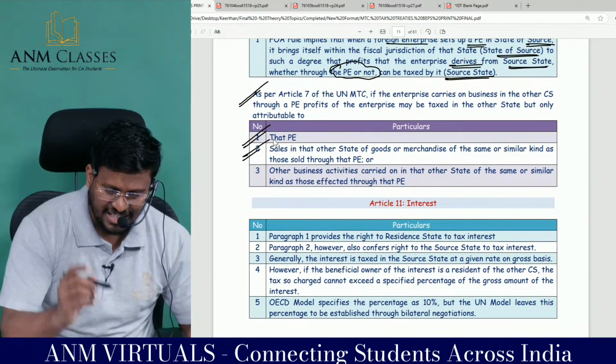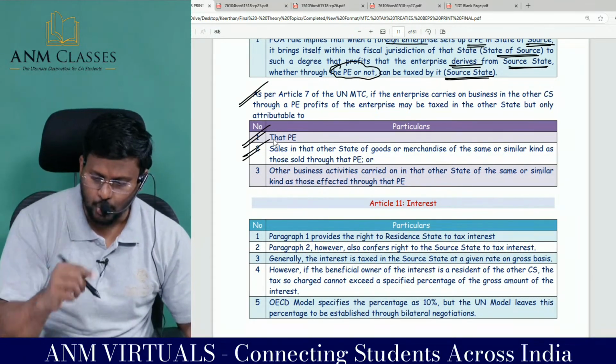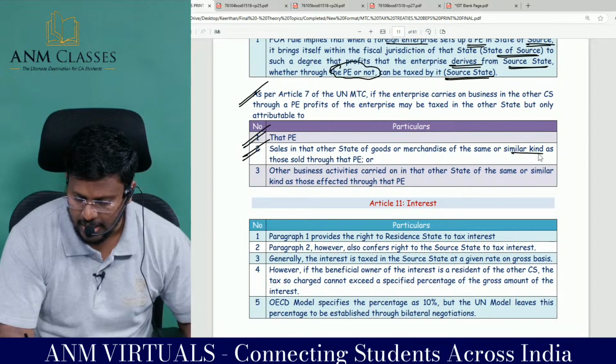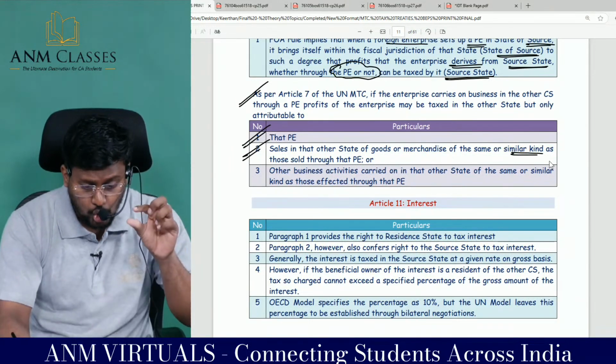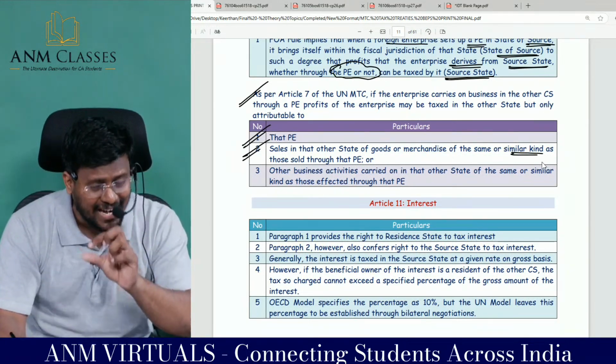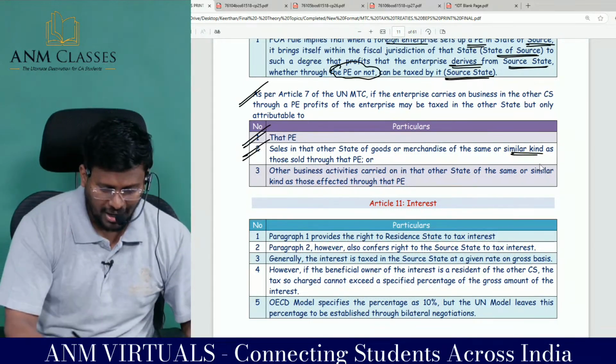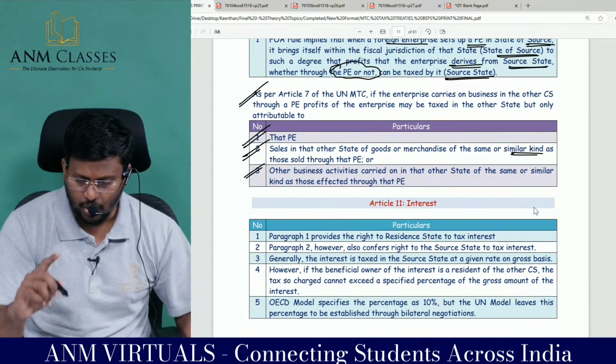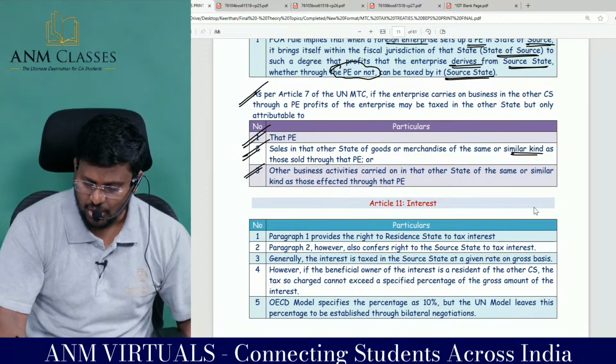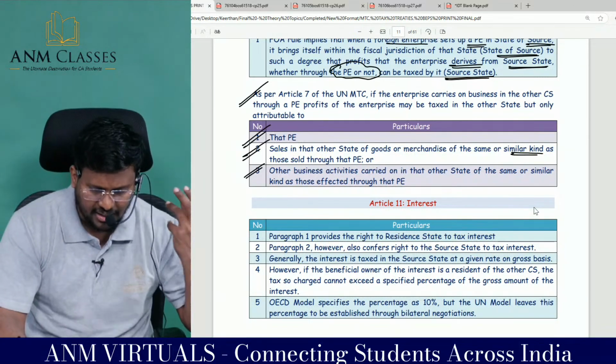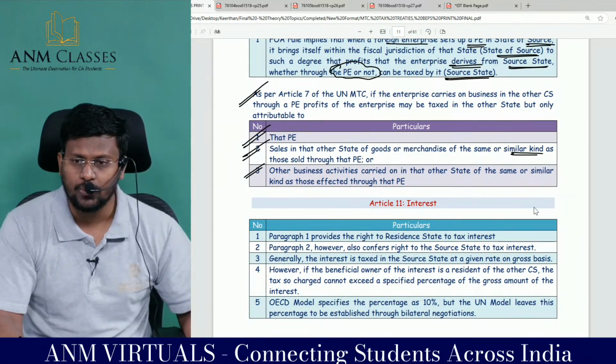That's what the next one says, that PE. Or sales in the other state of goods or merchandise of the same or similar kind as those sold through that PE. Or other business activity carried on in that other state of the same or similar kind as those effected through that PE.